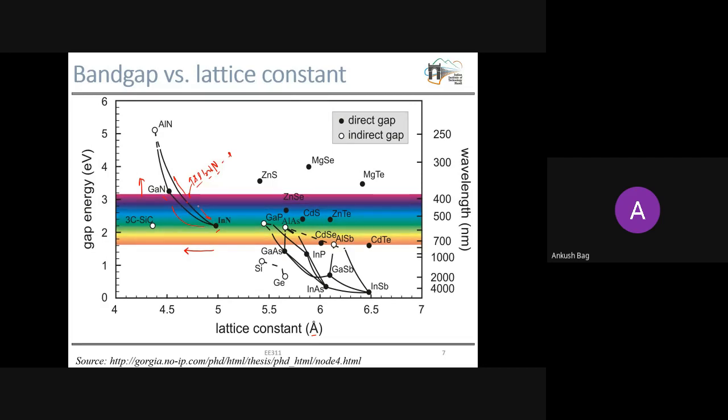You can get a blue LED. Now why am I discussing this part? Actually this particular invention gave the 2014 Nobel Prize. In physics, the 2014 Nobel Prize was given for the invention of the blue LED.